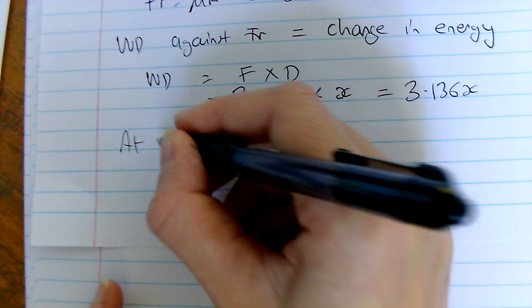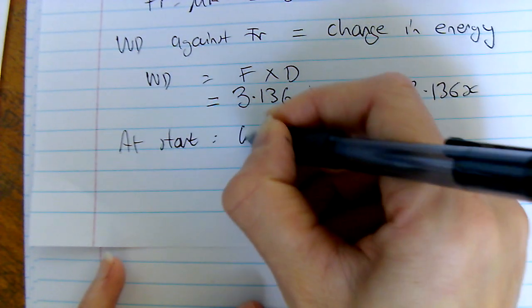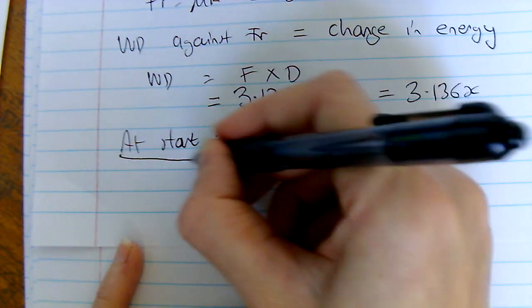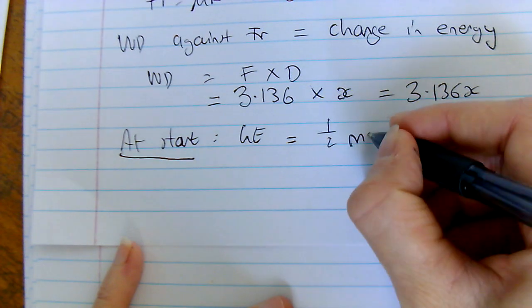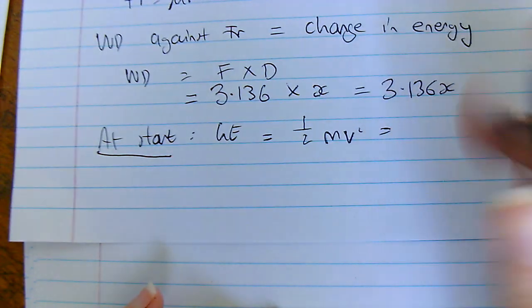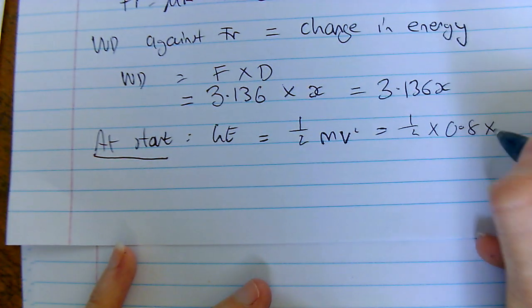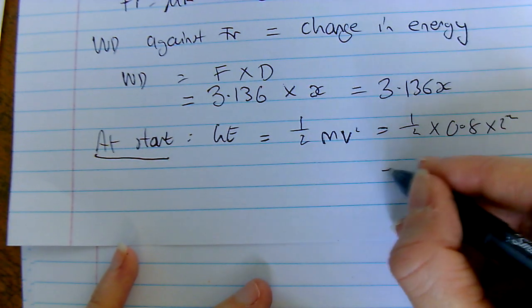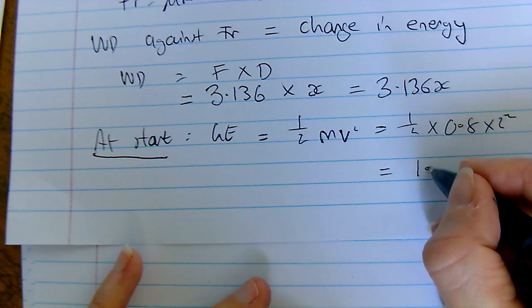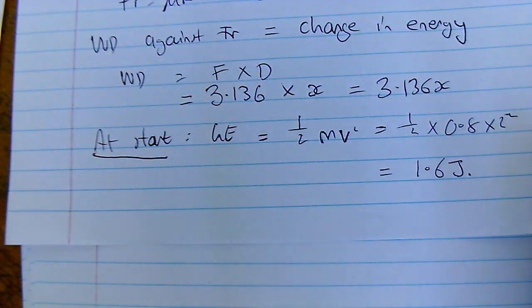So at the start, we're going to have kinetic energy. So half mv squared. So a half times the mass times 2 squared, which is going to end up as 1.6 joules. That's the kinetic energy at the start.